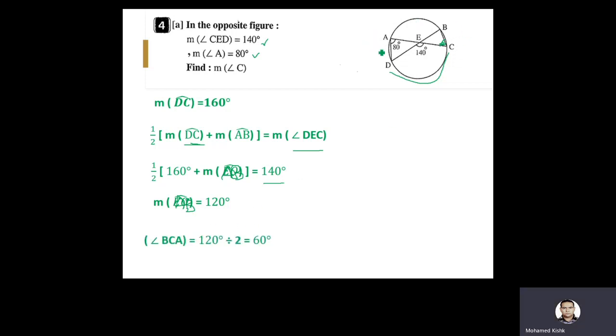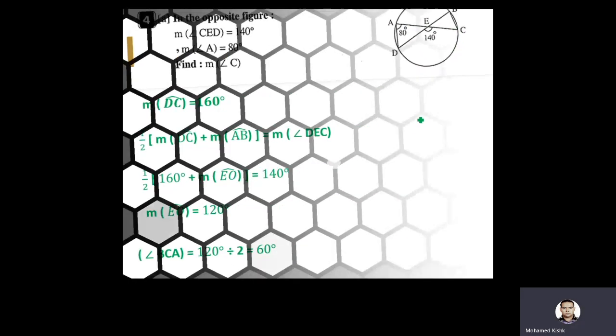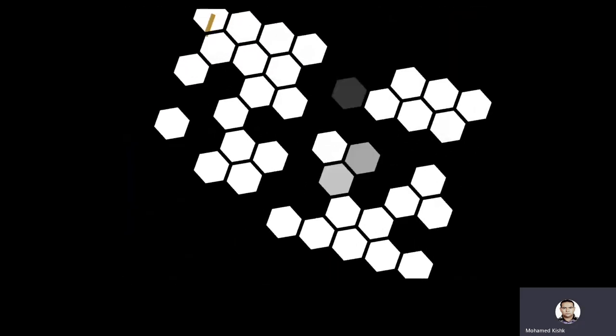So this angle BCA will be 120 divided by 2, which is 60 degrees. Let's go to the next question.